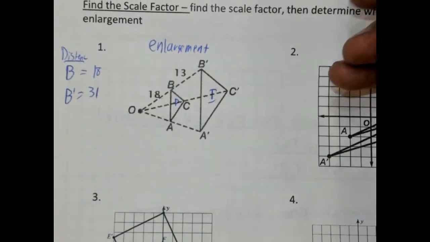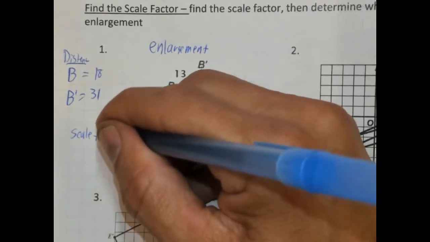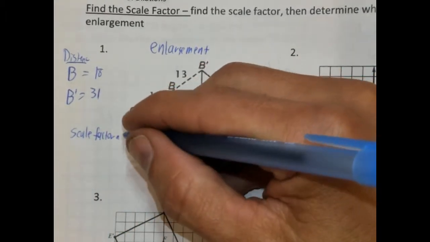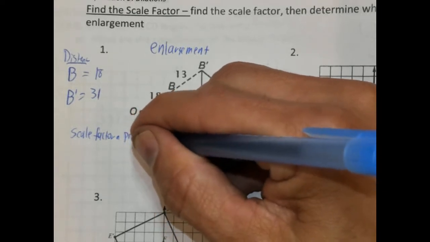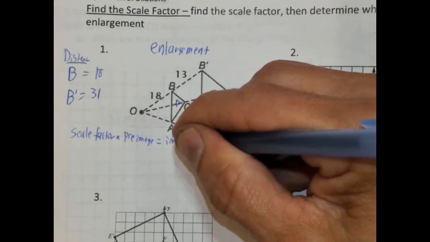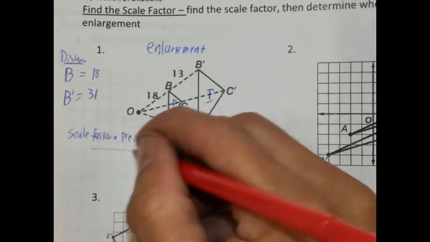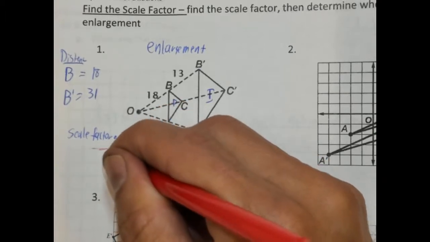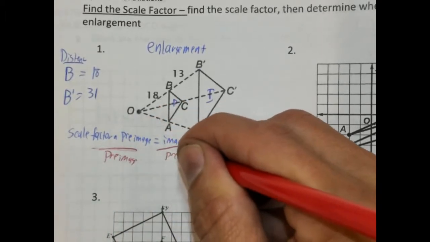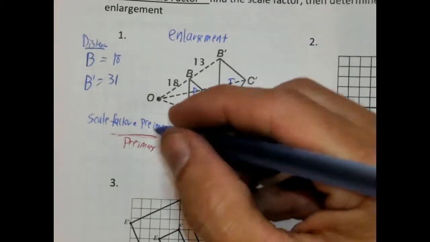Okay. Now to find the scale factor, think of it this way. Let's do this algebraically first. So the scale factor times, let's say, an element of the pre-image would give us the image, right? So if we solve that algebraically, let's say we were to solve for the scale factor, divide both sides by the measurement of the pre-image. The pre-image on the left-hand side would cancel.